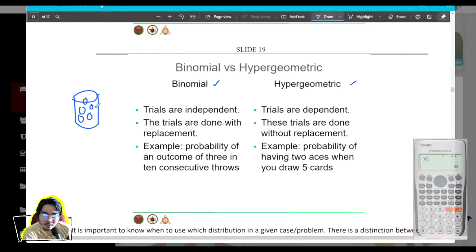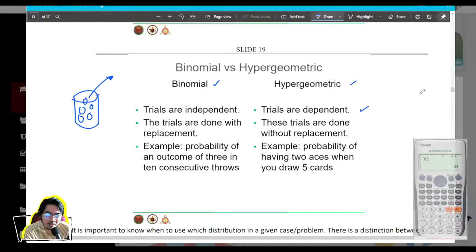If it's binomial, then if I take this first ball out, before I do another trial, kailangan ko ibalik yung bola na yon. So in that sense, independent yung trials ko. Okay? So from trial 1, trial 2, trial 3, always I start with the same number of balls dito, no? So in this case, meron tayong 5 balls dito. So if I take one out, kailangan if I do the next trial, ibabalik ko siya para independent yung trial.